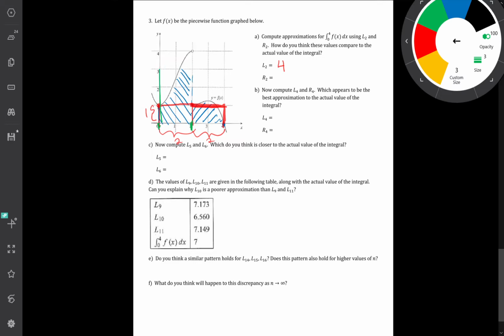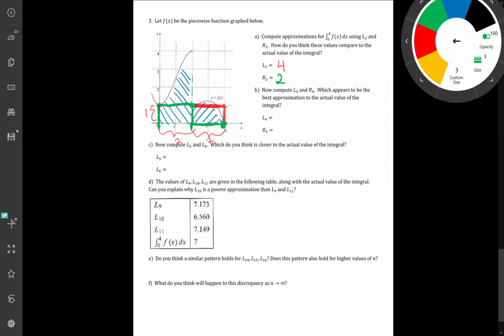Hopefully you caught that I was being ridiculous. If we're using the right hand, we're going to hit that point. So the height of our rectangle is still going to be determined by that point. So rectangle number 1 is actually identical. Rectangle number 2, its height is actually 0 because on the right-hand side we're hitting the axis. So R sub 2 gives us 2.